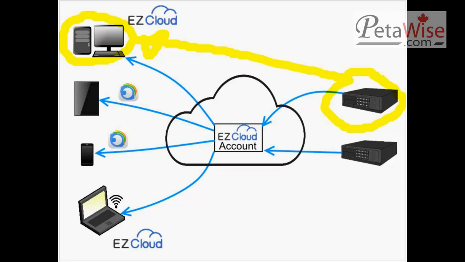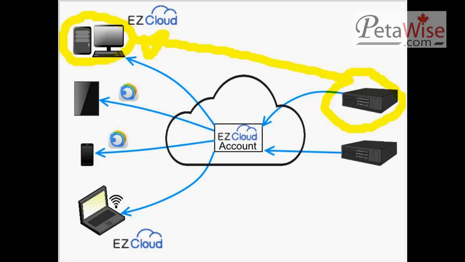The way the EasyCloud system works is that NVRs are not tied to specific devices. They are actually tied, if you can see the blue arrows here, to your EasyCloud account. And in the same vein, you're not tying your EasyCloud account to your tablet or your phone or your laptop. You can access your EasyCloud account on any number of devices.